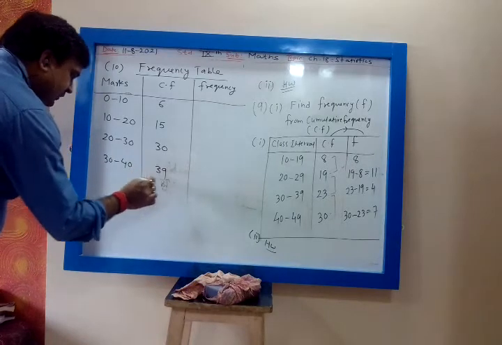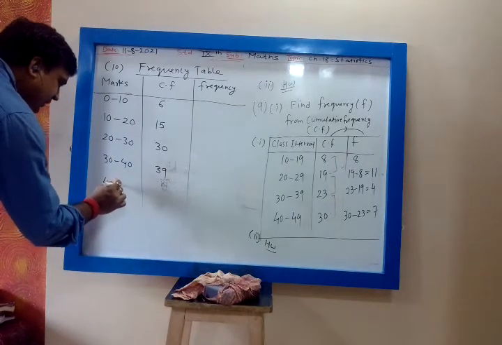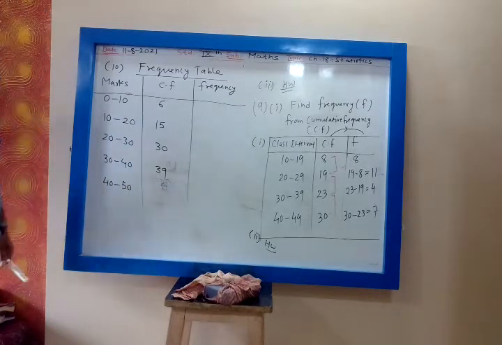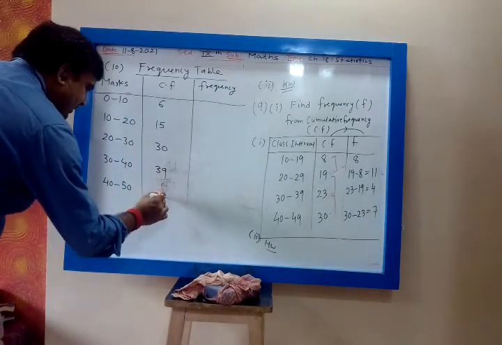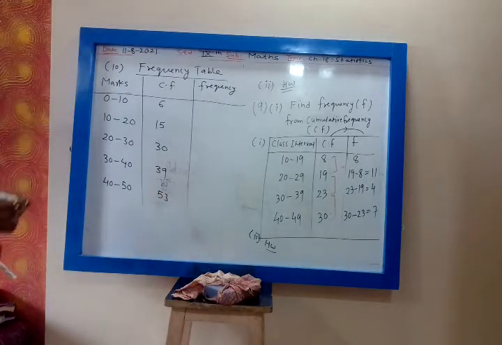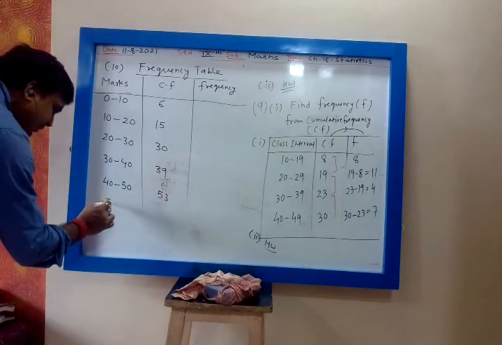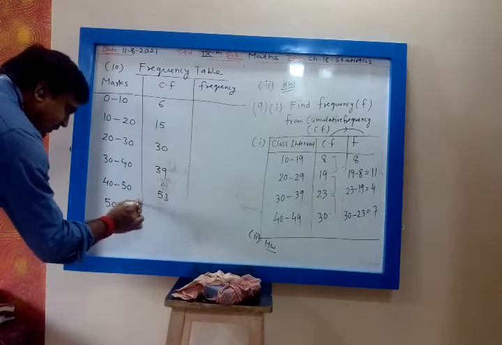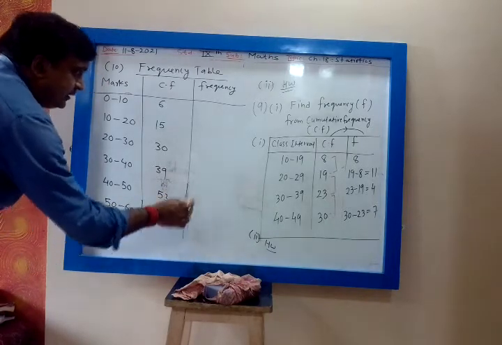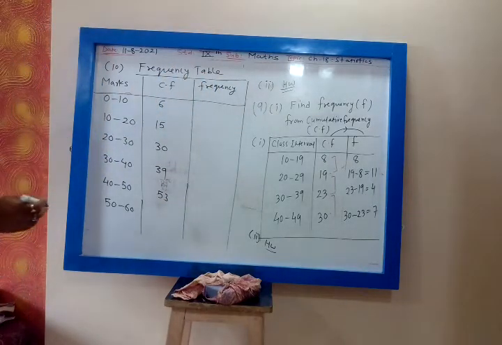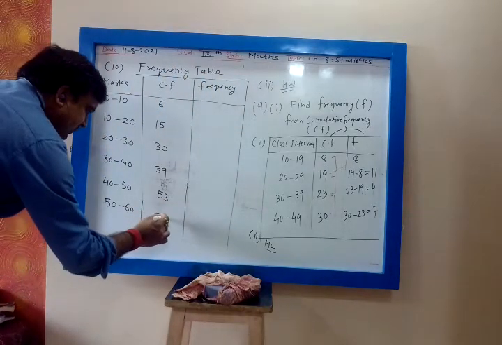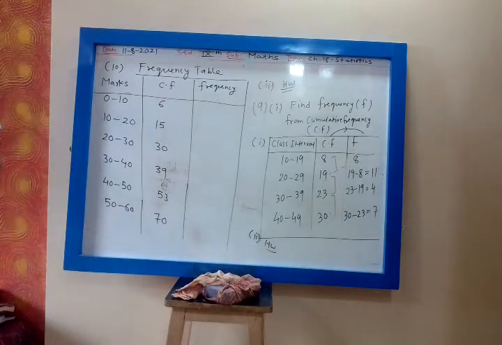Then 40 to 50, less than 50, it is 53. Then less than 60, means 50 to 60. So CF is 70.